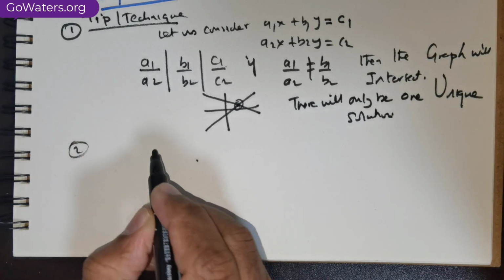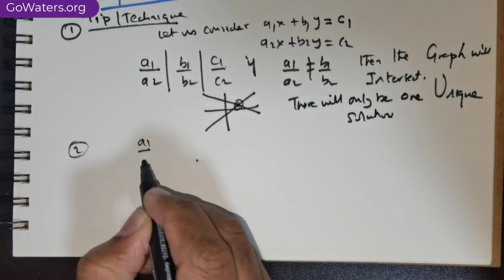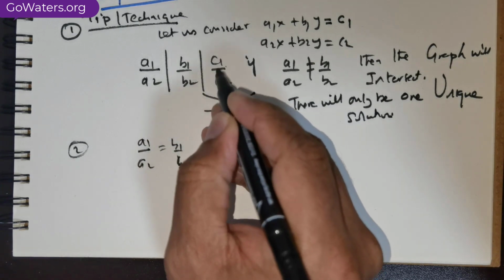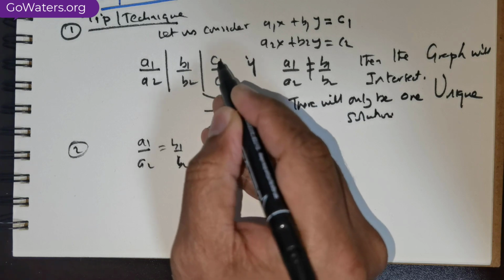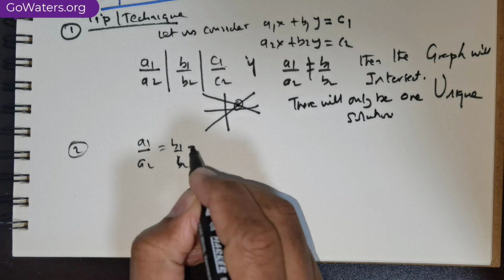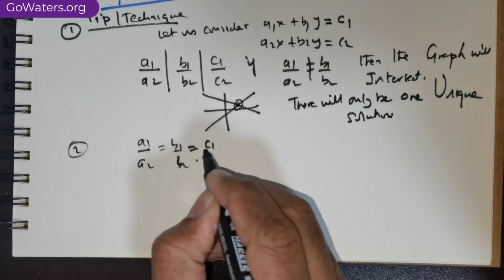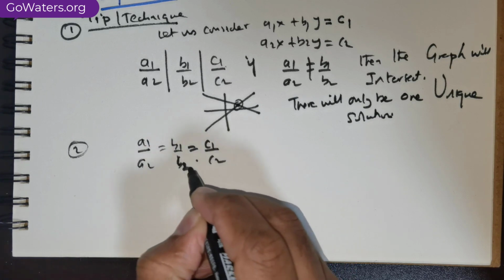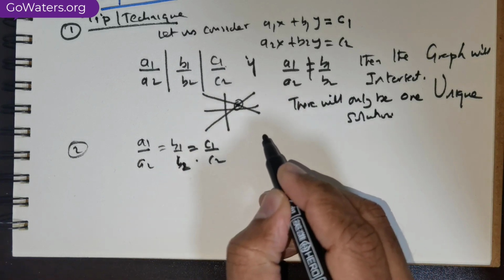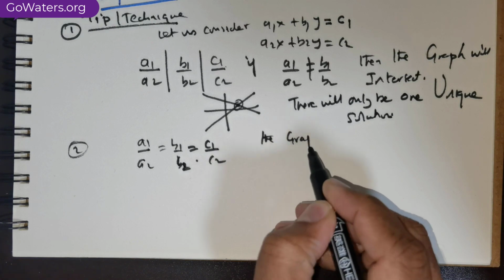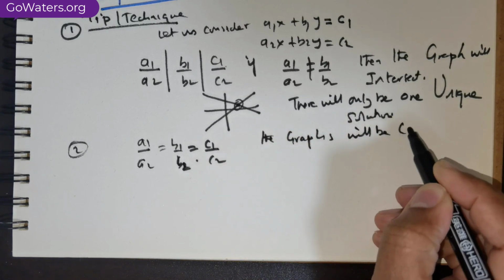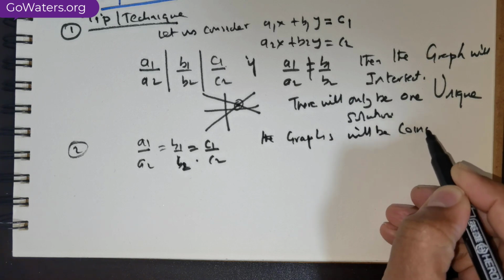Now point number 2. If you find a1 over a2 is equal to b1 over b2, this is why I placed c1 over c2 here, because we will be using it now. If this quantity is equal to c1 over c2, then the graphs will be coincident lines.